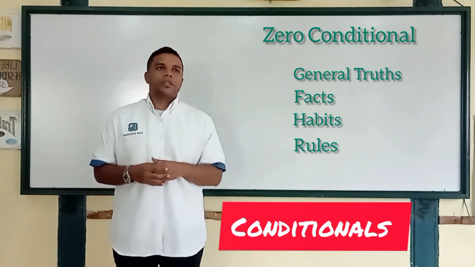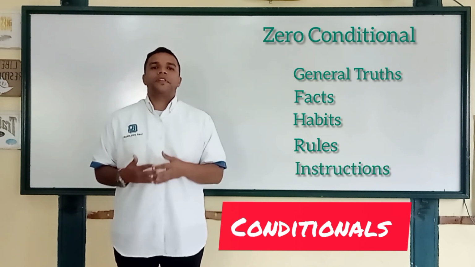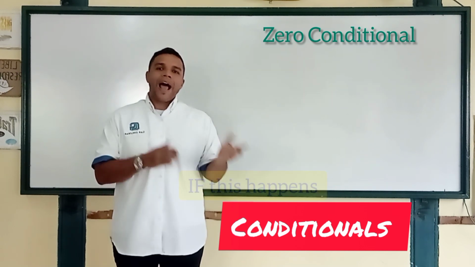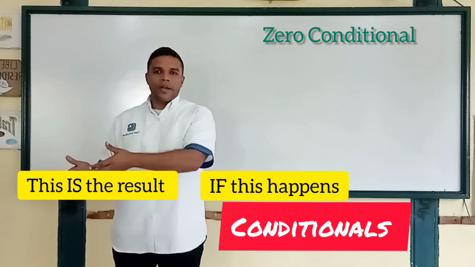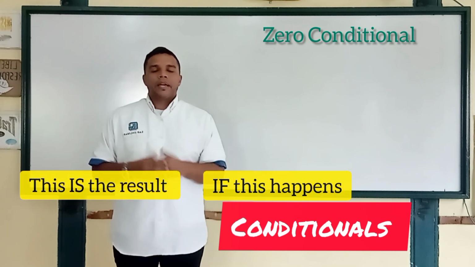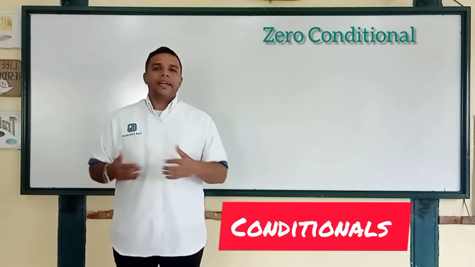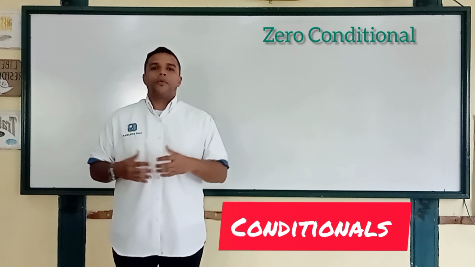We can talk about even instructions, and they are the result of something else happening. So, in other words, if it happens, then this is a result. Okay? In a manner of speaking, it's a fact. It's the truth. It's just how it is.